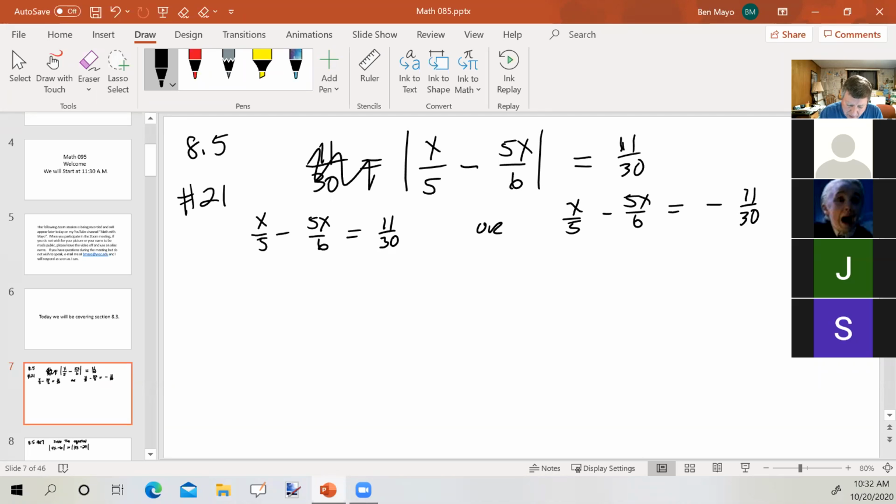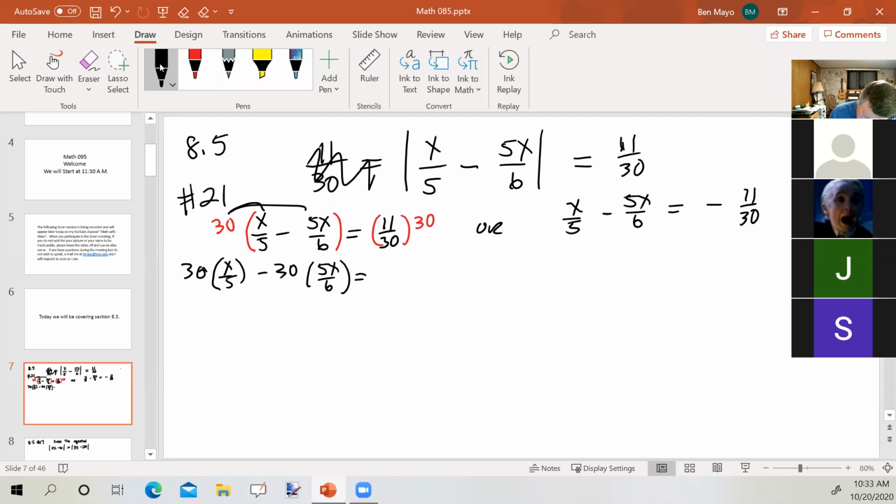So the first equation, I'm going to clear the fractions. The least common denominator is 30. So I'm going to multiply both sides of the equation by 30. Distributing, I get 30 times x over 5 minus 30 times 5x over 6 equals 11/30 times 30.